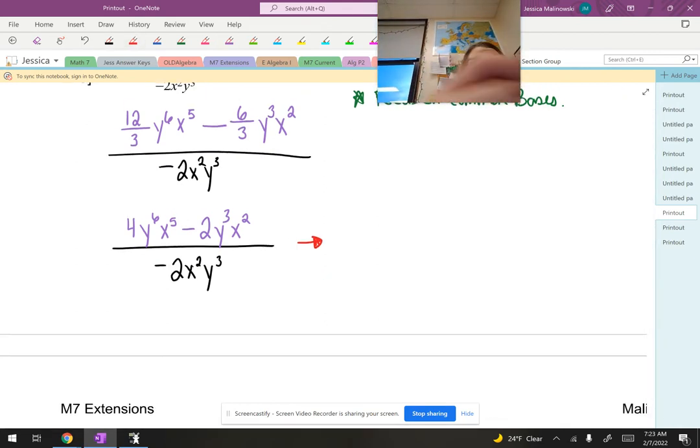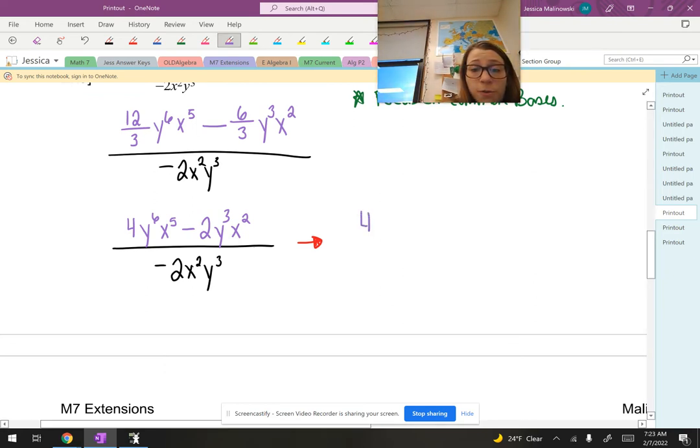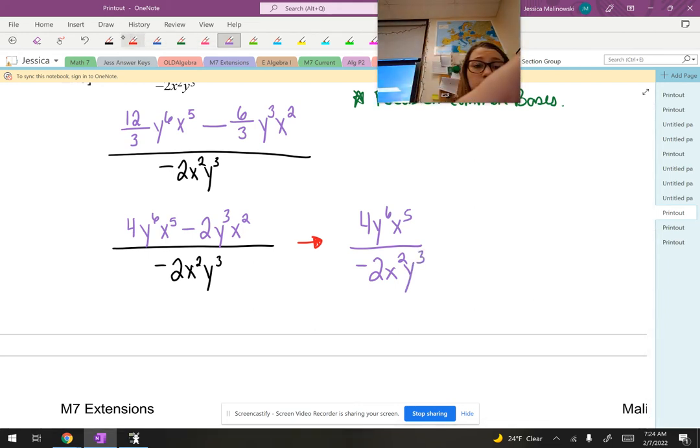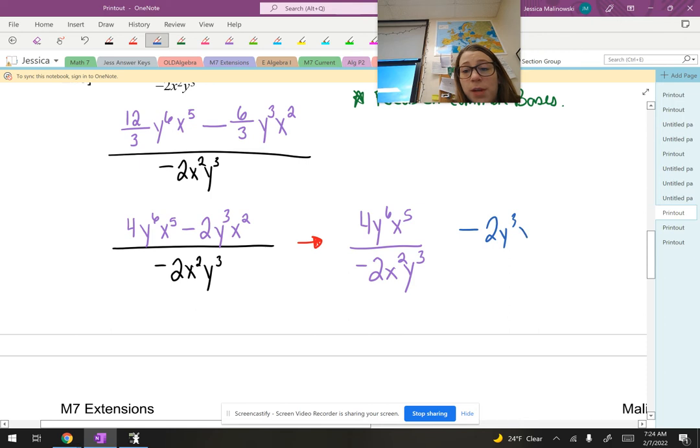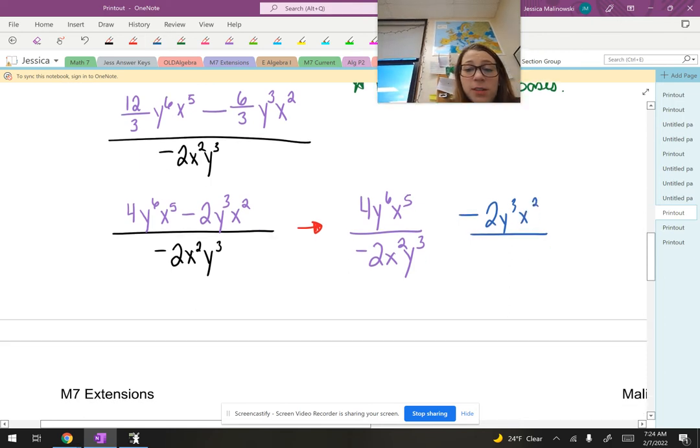So I'm just going to turn that into 4 y to the 6, x to the fifth, divided by negative 2 x squared y cubed. Then I'm going to have that negative 2y cubed x squared, and that's going to still be divided by another negative 2x squared y cubed.